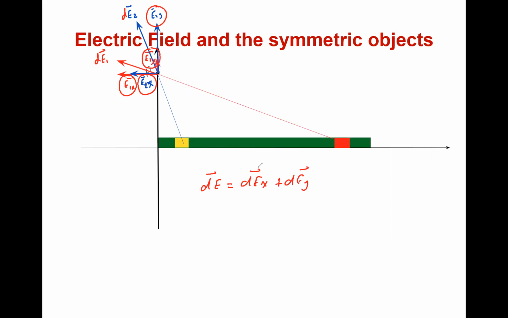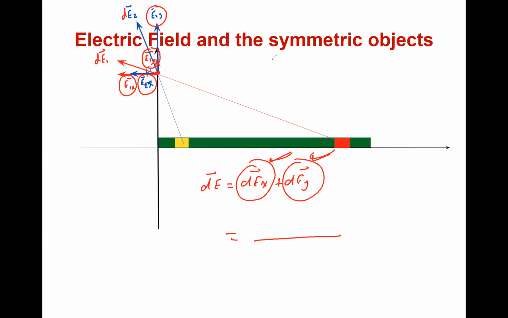You have to keep the value of the X component and the Y component, and you do the calculation for these two components. So in this case, the object is not symmetric about this axis where we have the point here. These two components must be taken into account.